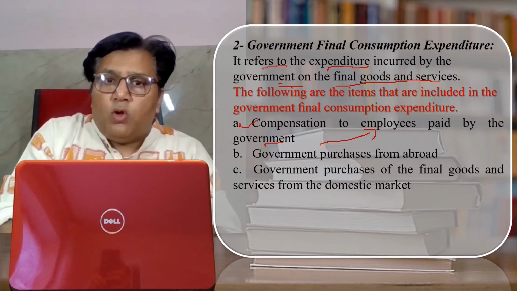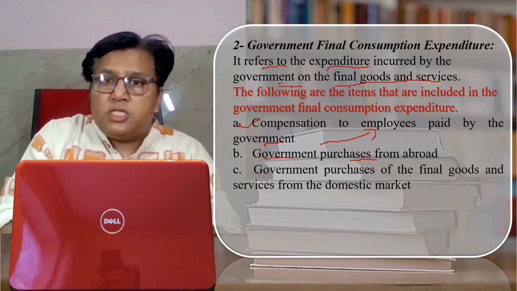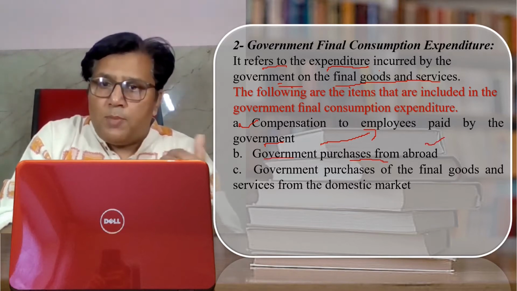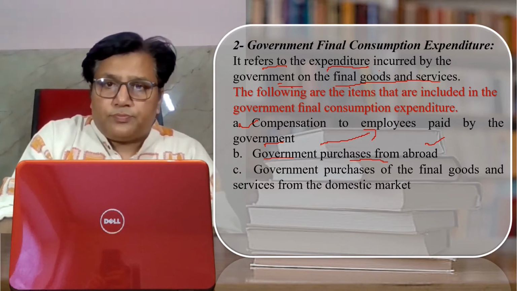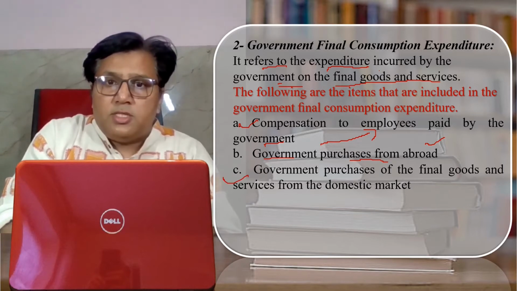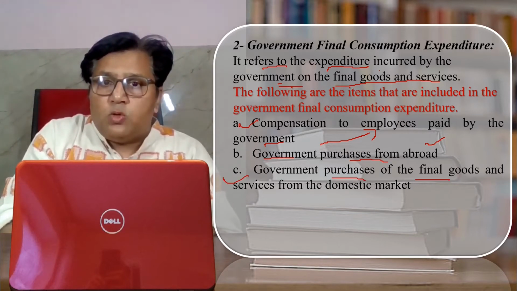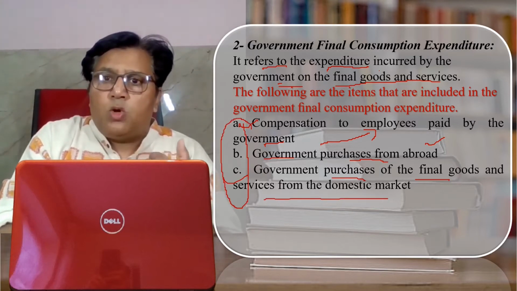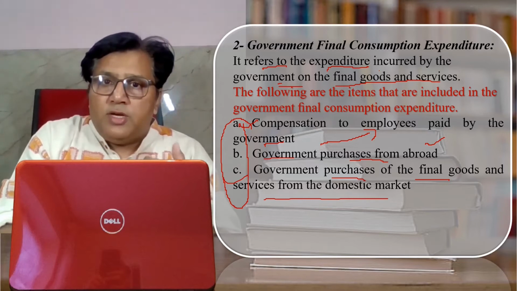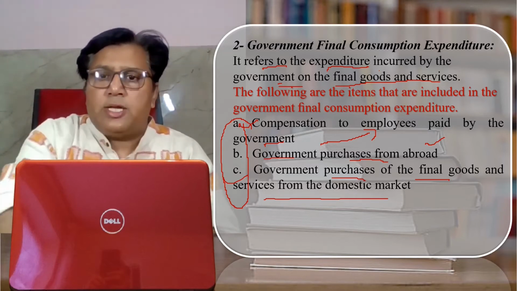Second, we also consider the goods purchased from abroad by the government because the government is incurring the expenditure. Third, we consider the government's purchase of final goods and services for the domestic market. So whenever we talk about the government final consumption expenditure, we consider the expenditure on these three items. I hope the point is clear.